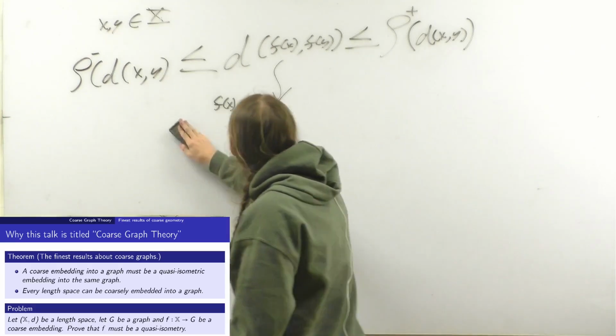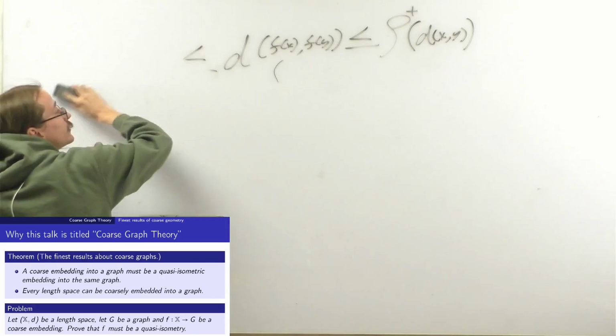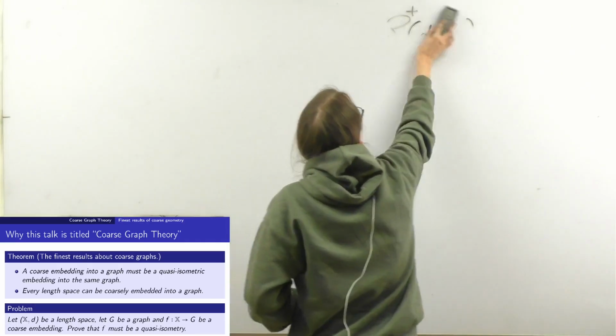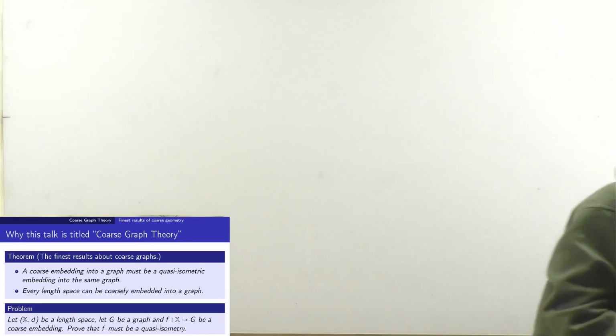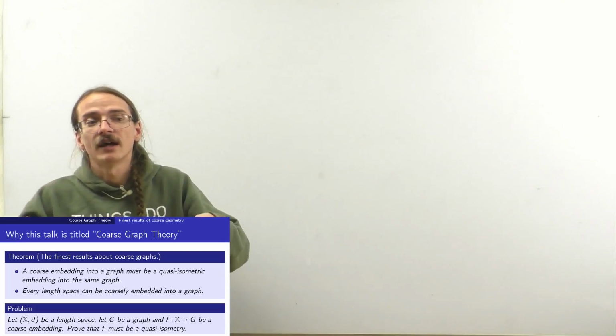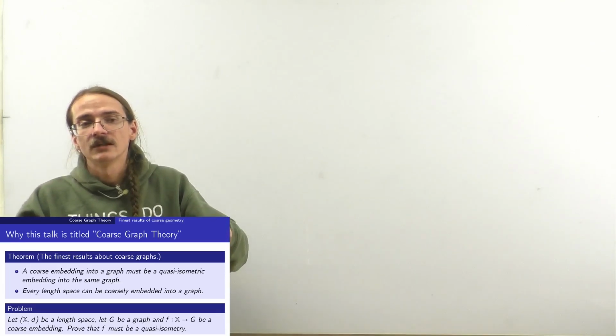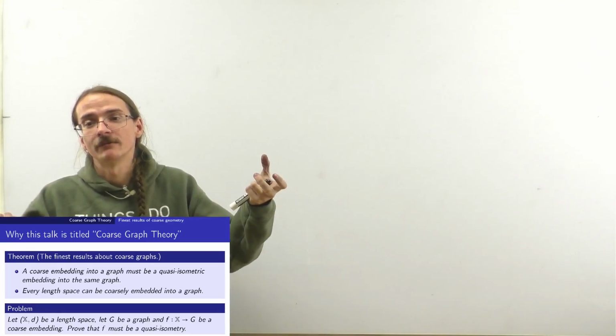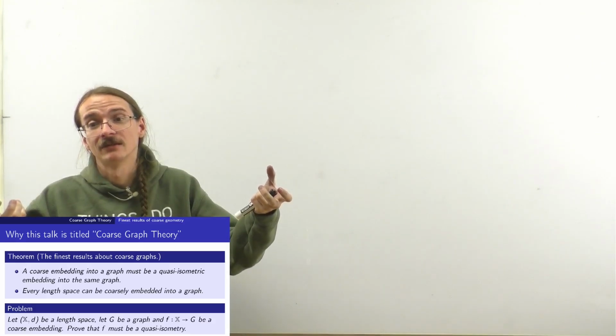So this time we actually do want to start with a length space. Big picture for a second: what that tells us is that if we're in the world of graphs, there's really no distinction between a coarse embedding and a quasi-isometric embedding.